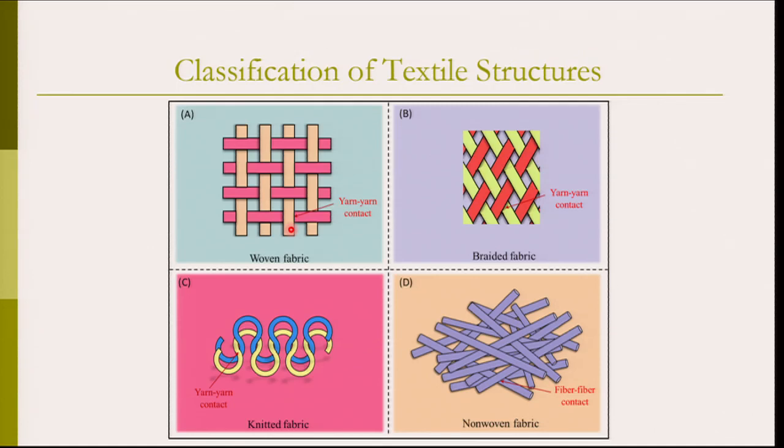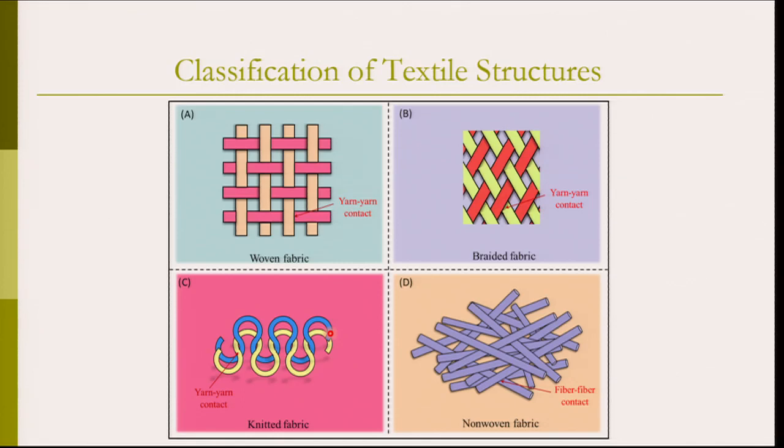Similarly, we have a braided fabric which intertwines the yarns diagonally. Similarly, you have a knitted fabric which is interlooping of yarns. As you can see, there is a yarn running in loop, the yellow one, and the other one is the blue one. So again, the interlooping of yarns is actually taking place.